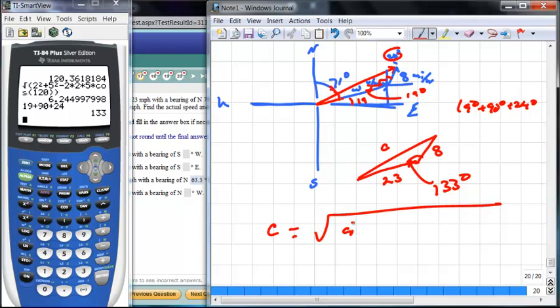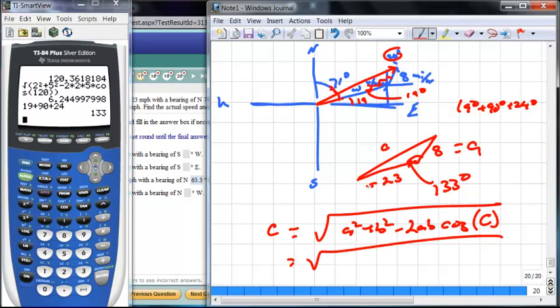Alright, now we can solve for side C using the law of cosines. Square root of a squared plus b squared minus 2ab cosine of angle C. One of these guys is A and the other one's B. Let's say A is this one, B is this one. 8 squared plus 23 squared minus 2 times 8 times 23 times the cosine of 133 degrees. So it's very important that you draw the picture.